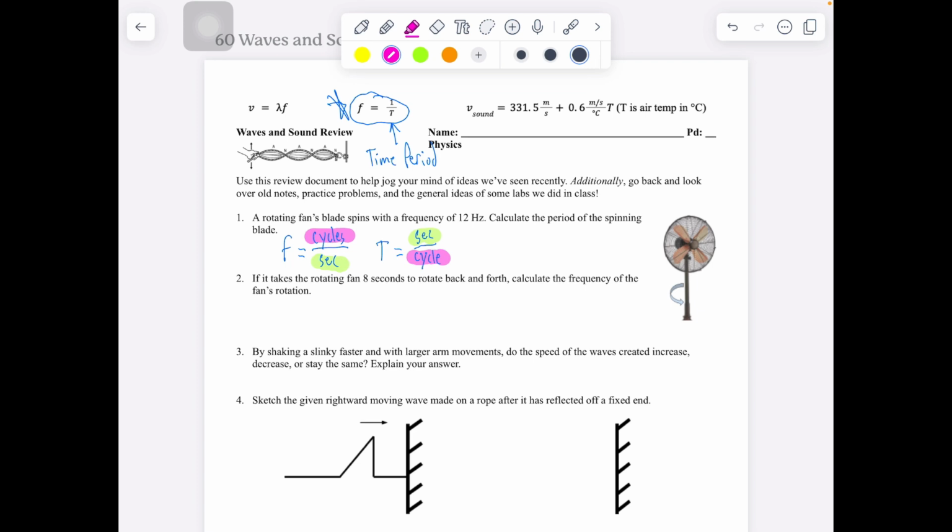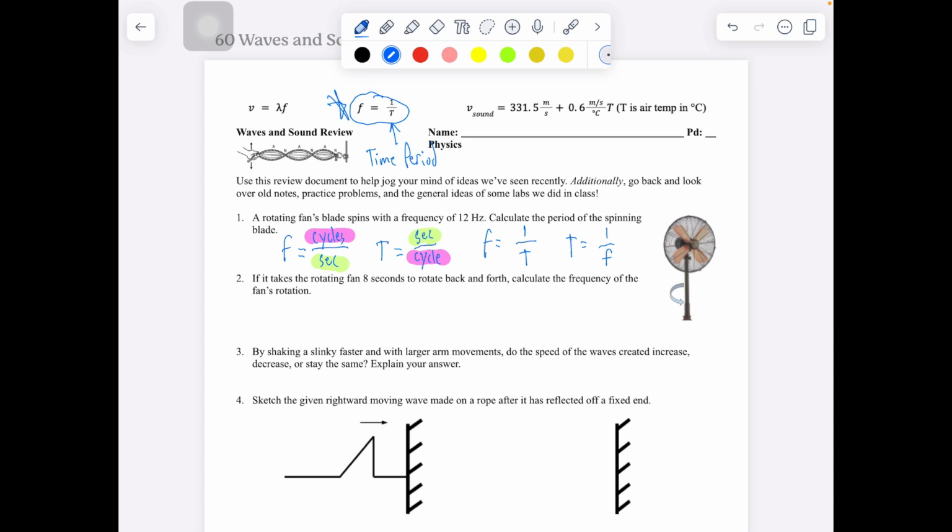So that means if we have a frequency or a time period, we can get the other by just plugging it into an inverse. Say we have the time period. Plug in the time period, 1 over the time period gives us frequency, 1 over frequency gives us the time period.